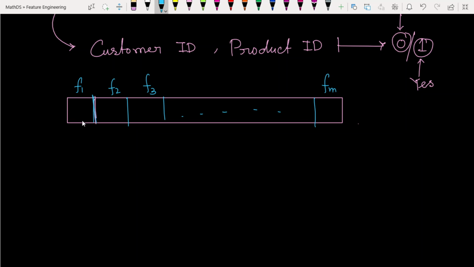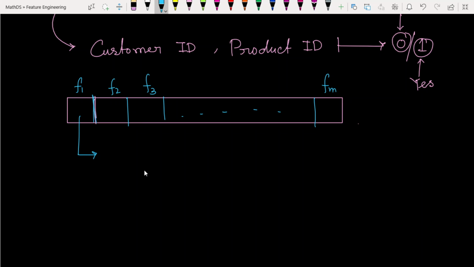What is the first feature? Using common sense, the first feature is the number of times the corresponding customer ID viewed the product page in 24 hours.